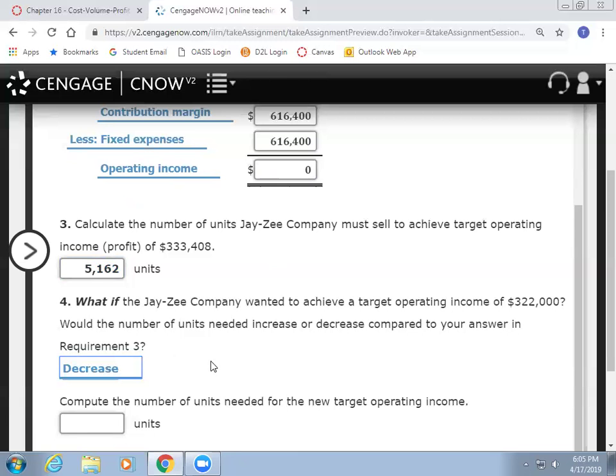So how many units would we need to sell to get $322,000? Very good, 5,100. So again, you're doing the same thing. You would take your fixed of 616,400 plus target of 322,000 and divide that by your contribution margin of 184.